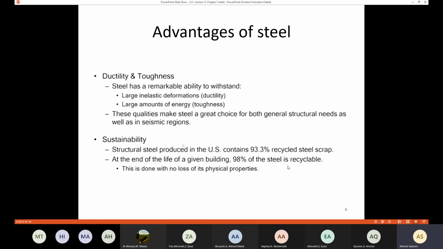So if you make a building from steel, you can recycle 98% of that steel, and this can be done with no loss of its physical properties. So in terms of sustainability, using steel is very good.